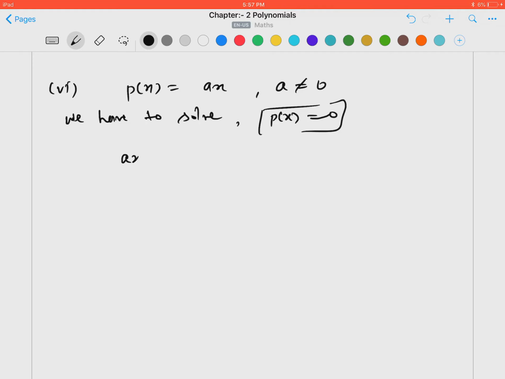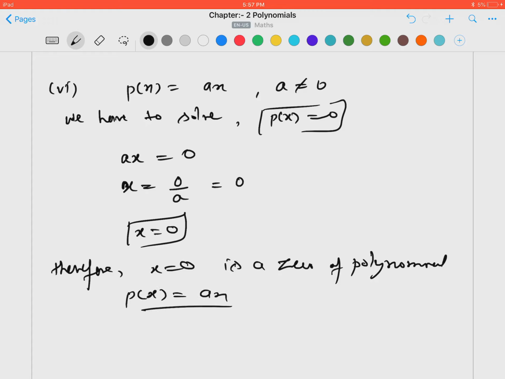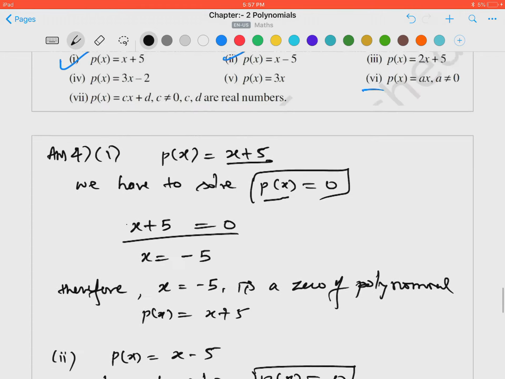That means at the place of p(x) we'll write ax equal to 0, or x will be equal to 0 by a, or 0. That means x is equal to 0. Therefore, x equals 0 is a zero of polynomial p(x) equals ax.